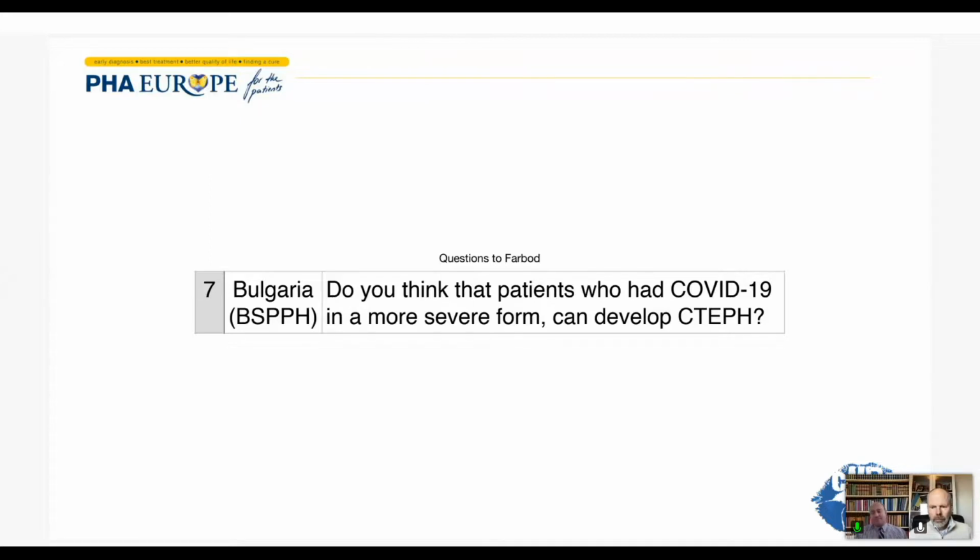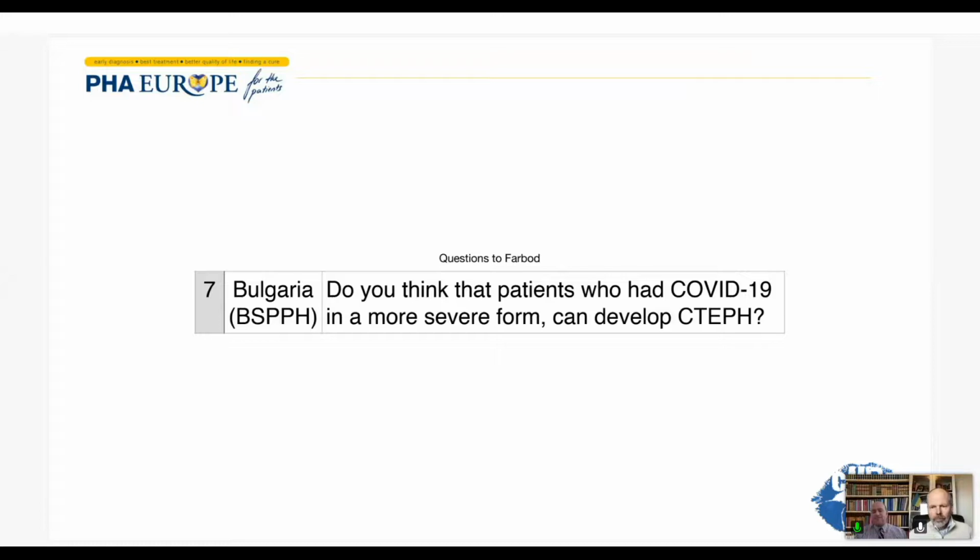It's not clear. But I can tell you that I wouldn't necessarily think that the rates would be that high, because, at least in the Western world, patients with COVID who get very sick a lot of times either get anticoagulated or get scanned to look for clot. And so I think our awareness of the clot, the fact that we are looking for clots in patients with COVID, may actually help prevent CTEPH, because we pick up clots pretty early and we treat them. But that's just a conjecture.